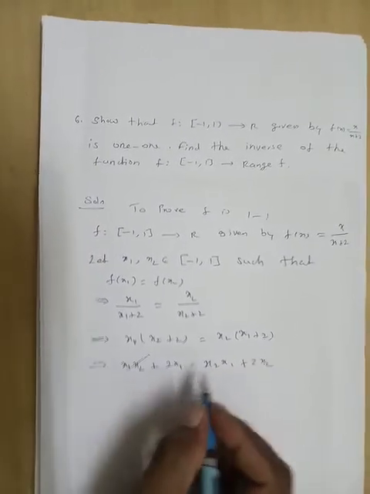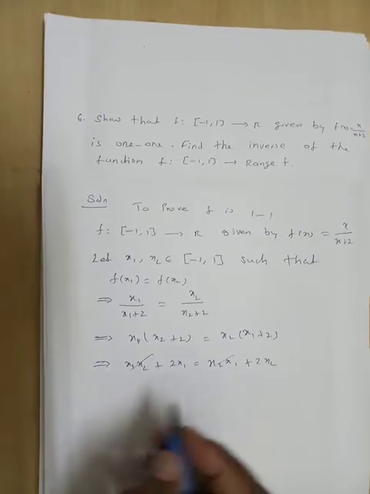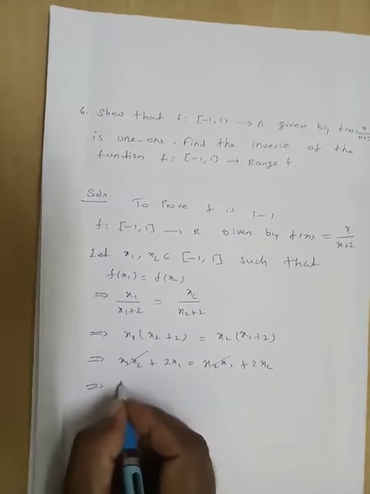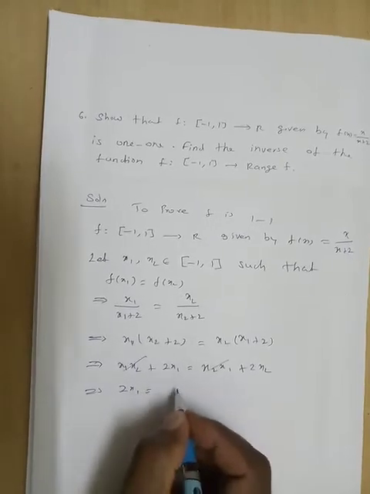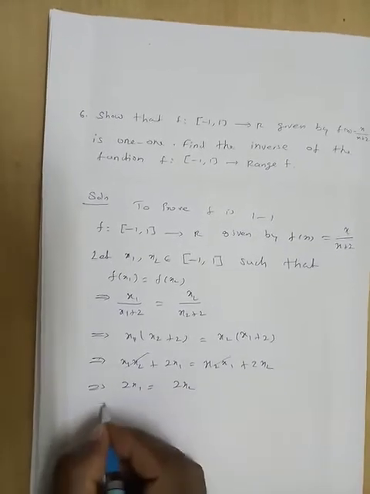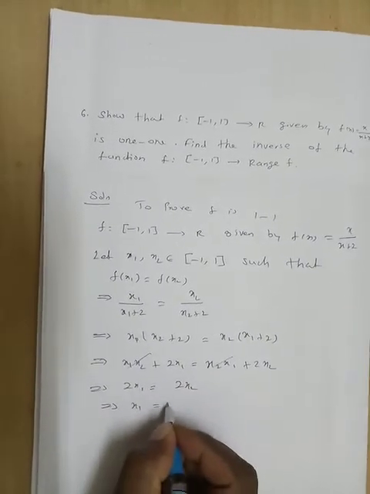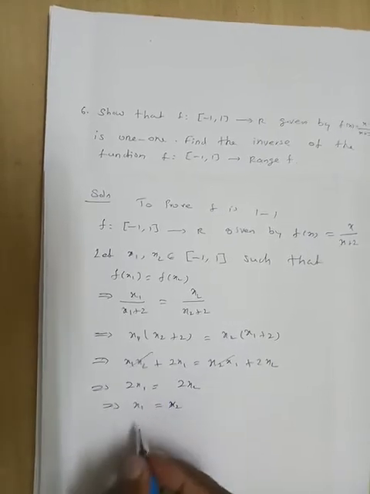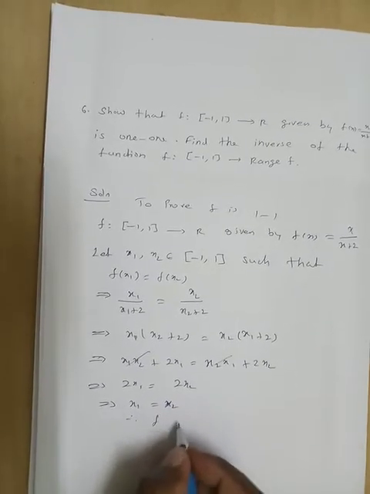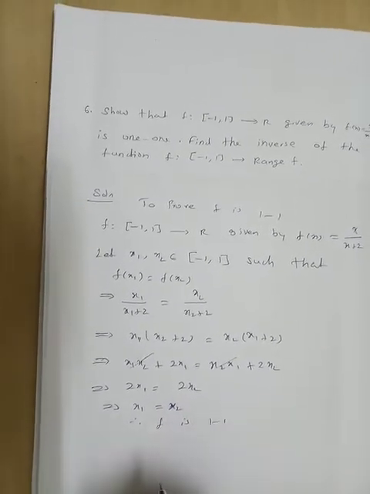On both sides x1 x2 cancels. So the remaining term 2x1 is equal to 2x2, which implies x1 equal to x2. Therefore f is 1 to 1.